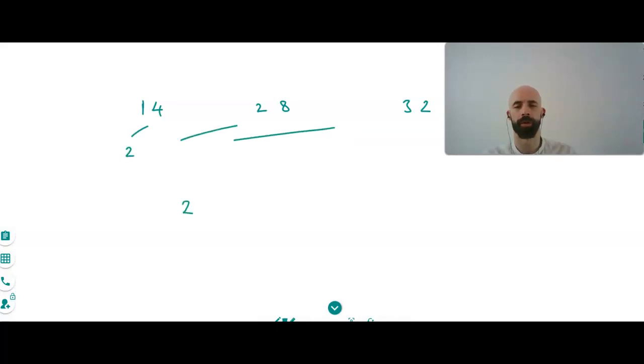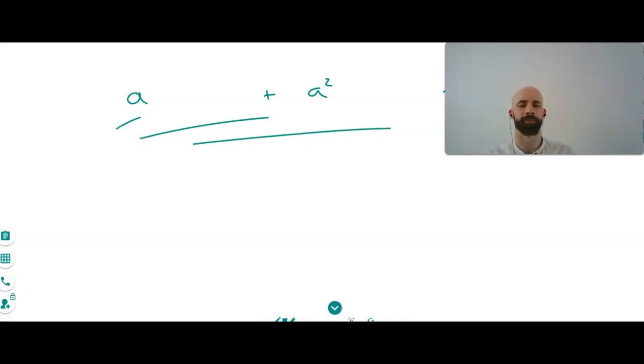So I'll put 2 outside the bracket. I'll just put the symbols in there. Let's just keep it simple: plus and plus. 2 times 7 is 14. 2 times 14 is 28. 2 times 16 is 32. So we factorized a series of numbers.